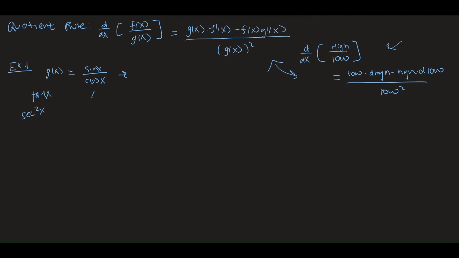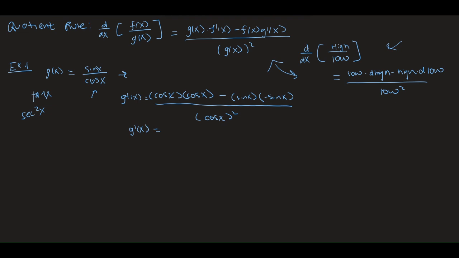So we're going to do low. So g prime of x is equal to low times d high, minus high, sine of x, times the derivative of the bottom, minus sine of x, all divided by the bottom squared.